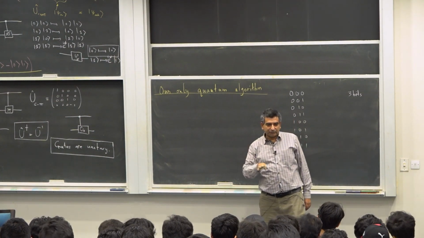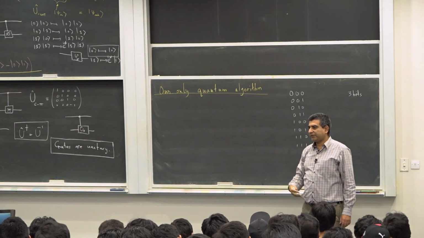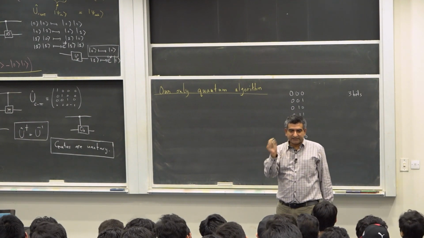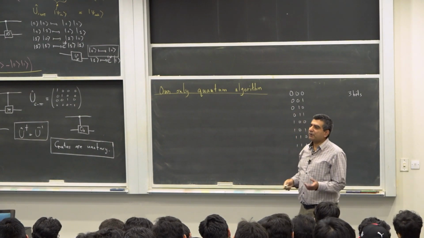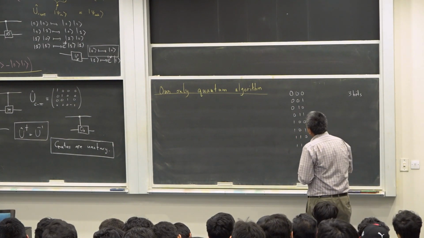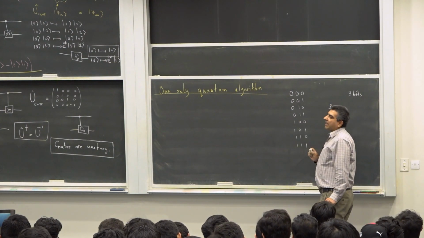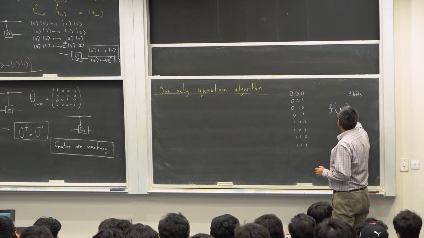Nothing quantum about this so far, it's just classical Boolean logic. I have 8 different kinds of sequences, 2 raised to the power 3 sequences for 3 bits. Each bit is a binary digit. It has 2 possibilities, 0 and 1. Now suppose the task is to find out what happens when a function f acts on a sequence x.